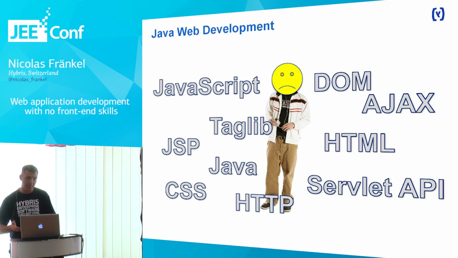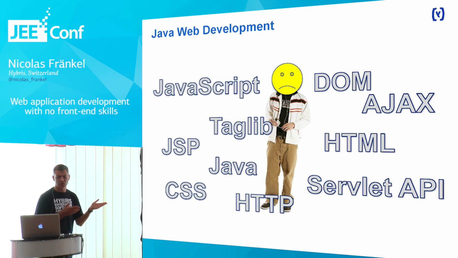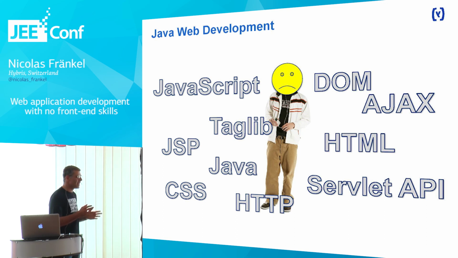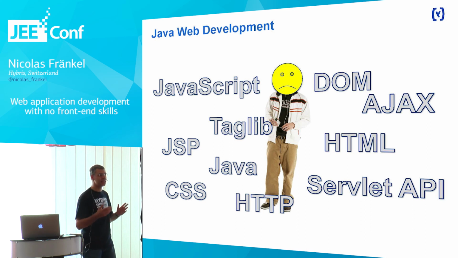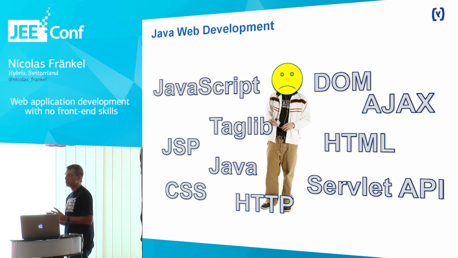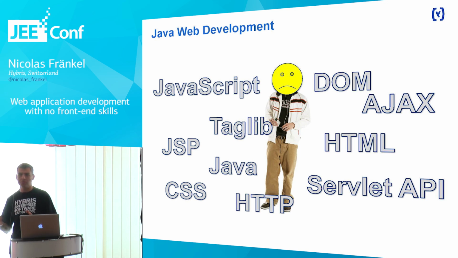And of course, HTML, because that's what we create. CSS, JavaScript, DOM, AJAX, HTTP. Oh, come on, guys. I was not so happy in the end. It took me more than 10 years to be at least at ease to understand everything. And I'm not talking about any framework here. I'm just talking about basics, you know?